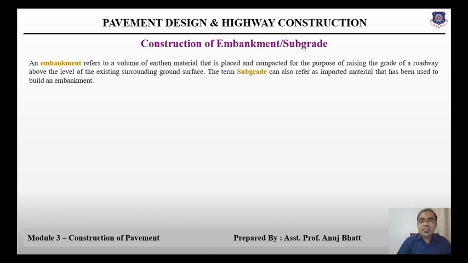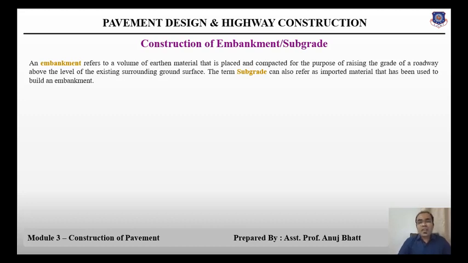Before starting the detailed procedure, let's recall what is embankment and what is subgrade. So an embankment refers to a volume of earthen material that is placed or compacted for the purpose of raising the grade of roadway above the level of existing surrounding ground surface. This is what an embankment says.